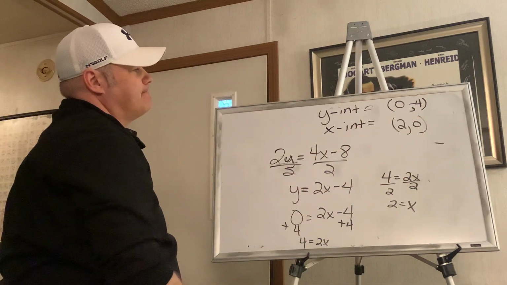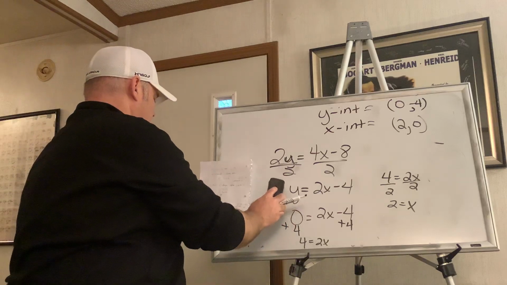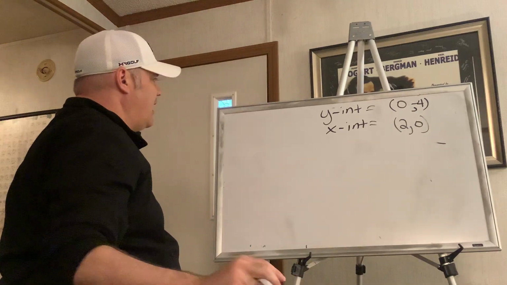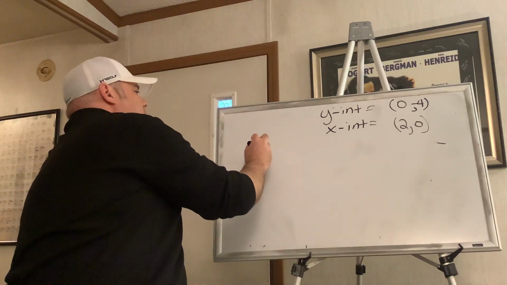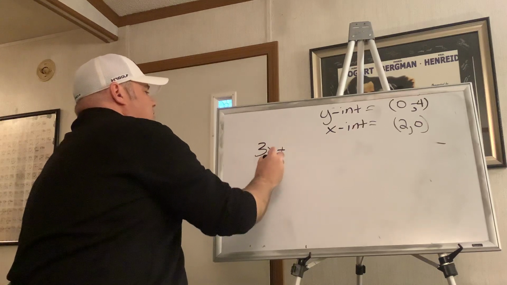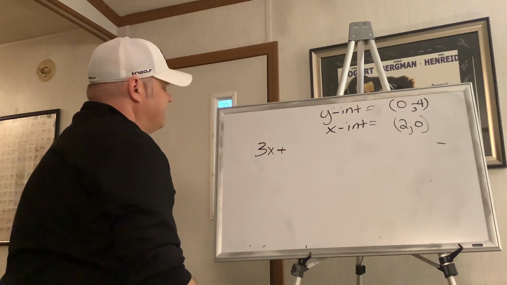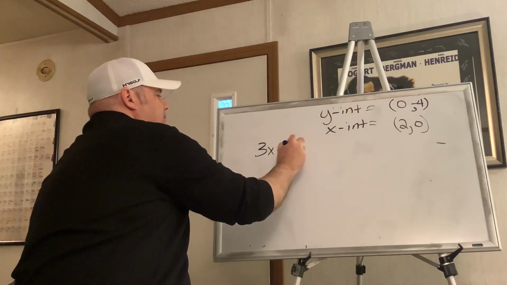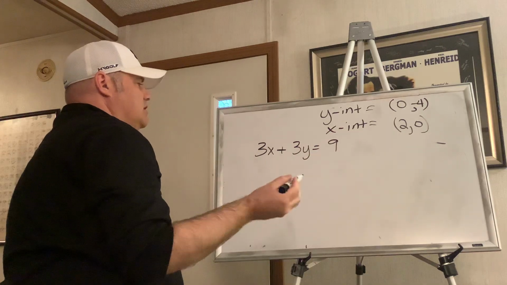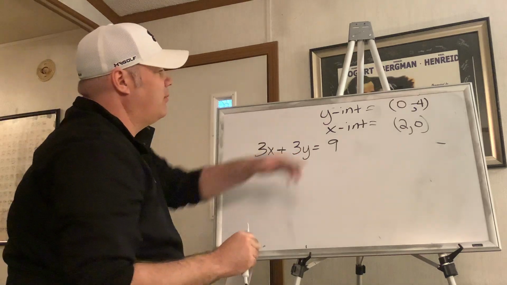Okay? Let's do another one. Let's say I have 3x plus 3y equals 9. I've got to get it in y equals mx plus b form to find my y-intercept.